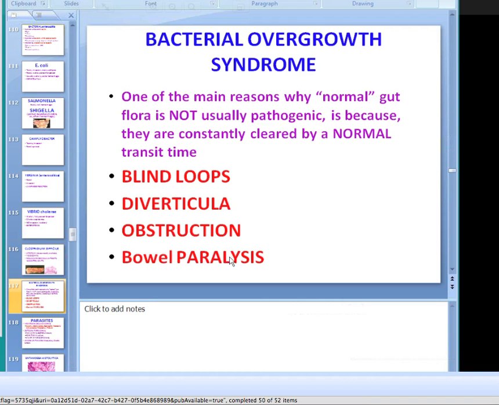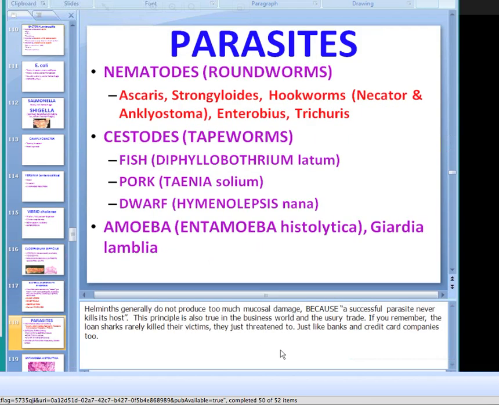Anytime there is significantly increased transit time, and that stool is winding up with an extremely larger amount of contact with the bowel, you can get a so-called bacterial overgrowth syndrome.